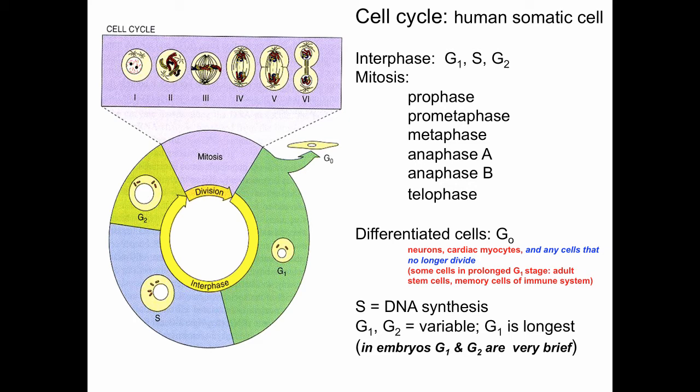Memory cells of the immune system would be in a prolonged G1 stage. And we've already told you that in embryos, G1 and G2 are very brief. In a typical cell cycle, G1 is usually the longest phase. G1 and G2 can be variable, but G1 is usually the longest phase in a typical somatic cell cycle.